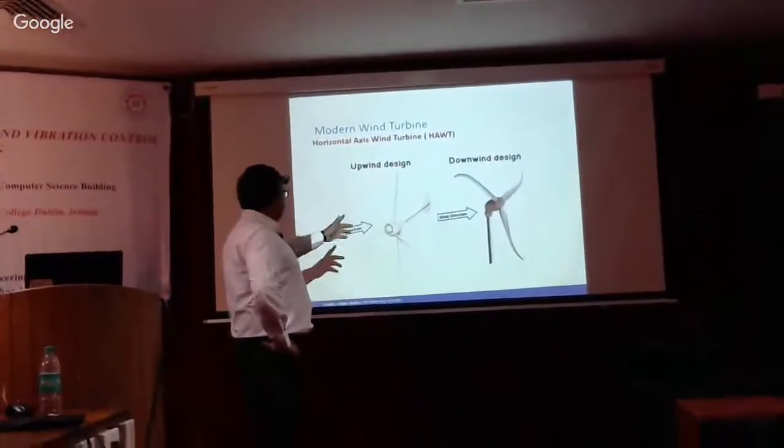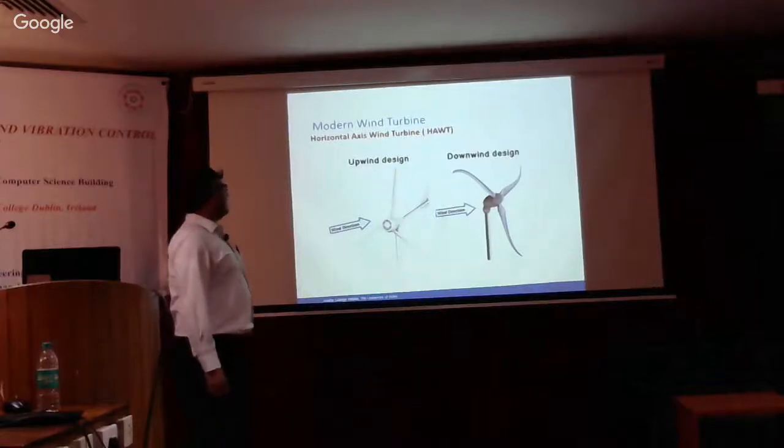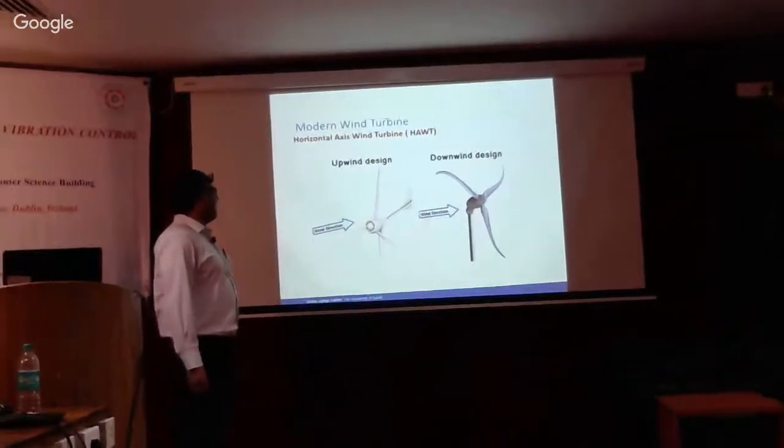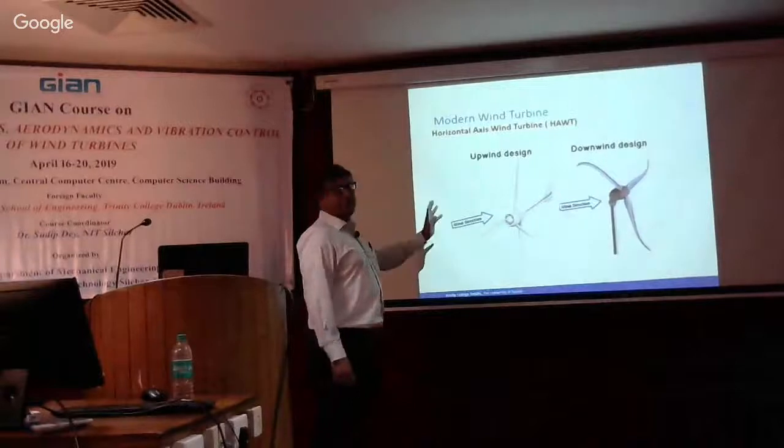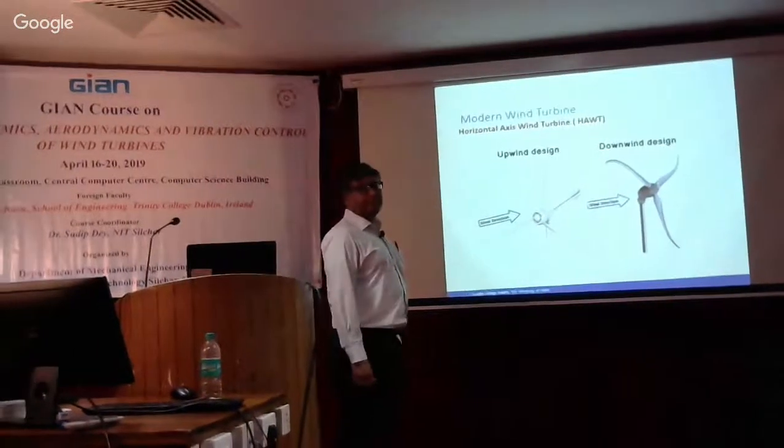On the left-hand side, we have a wind turbine, and here you can see the blades are facing the direction. This is called an upwind design.